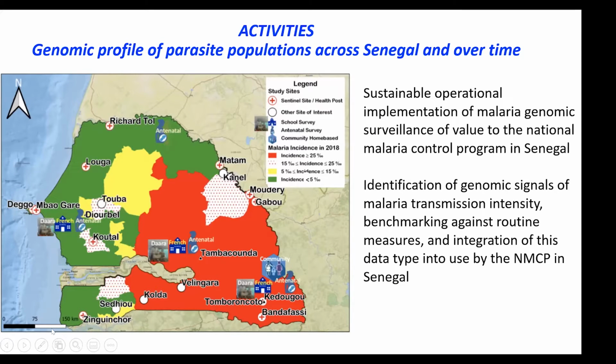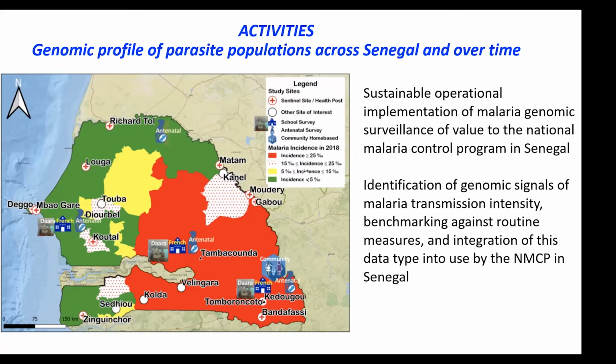So with NMCP, we agreed to work on all 24 Sentinel sites, where they report epidemic data on a weekly basis, all cases. We have been implementing with them sample collection for all fever cases, even for some time for those who are positive by microscope and RDT, and those who are false negative. Everything has been collected on filter paper for genomics investigation.